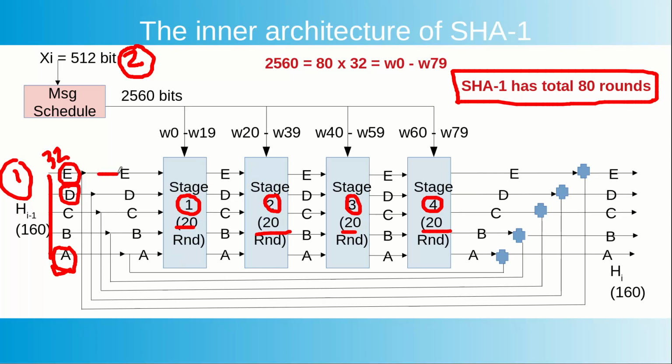But as of now, just remember some 32 bit blocks are coming: A, B, C, D, E. Some computations are going on in stage 1, then A, B, C, D come out of stage 1, and you have to remember that this A1 is not actually channelized to this A1.